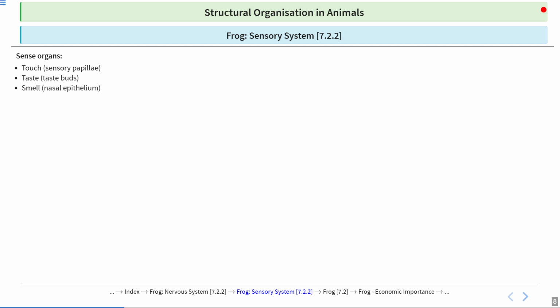In the nostrils, they have the nasal epithelium that can sense the smell of different objects. Vision, for vision, they have the eyes, and their eyes are protruding. It is a bulging eye, and they have the nictitating membrane for protection. Because the frog lives in water also, right? So for protection, they have the nictitating membrane.